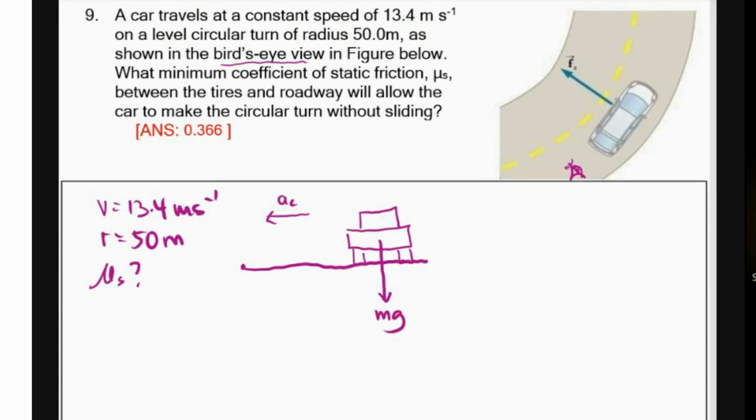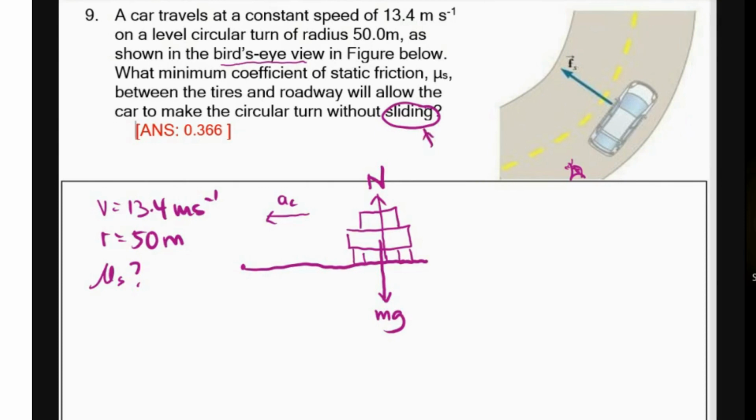The average of the 4 tires touches the road, so there's a normal force upward, and there is a friction force acting on the tire. To know the direction of the friction force, you have to know that the car doesn't want to slide.